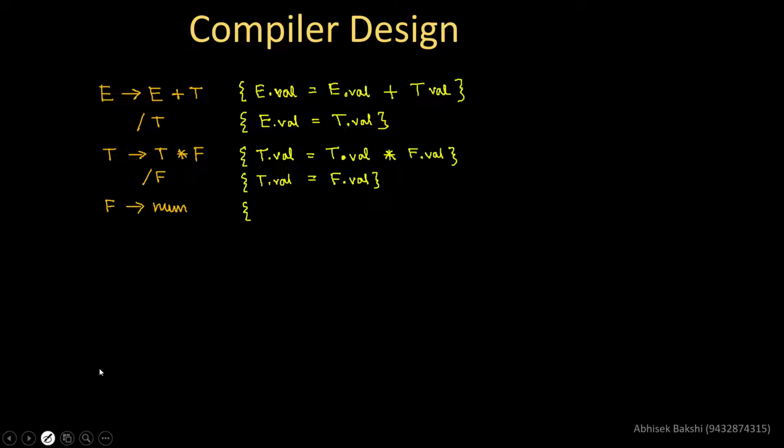Because I am considering the attribute of this F. The attribute of F also is val, so I should write F dot val equal to, say, num dot lvalue. What does lvalue mean? Lvalue means the value of exactly the variable that I have over here.